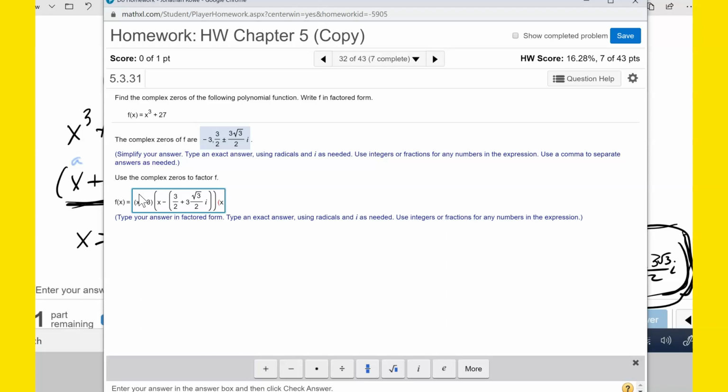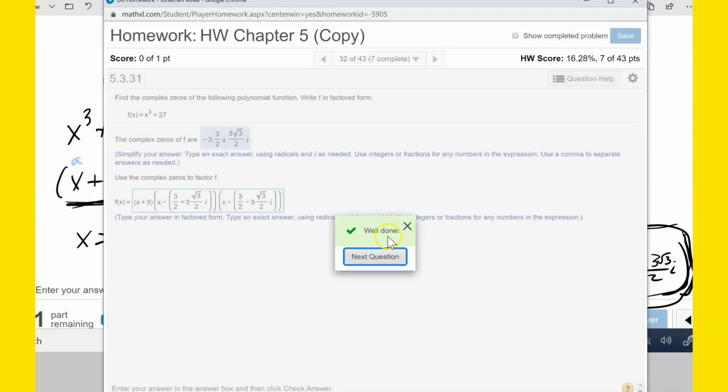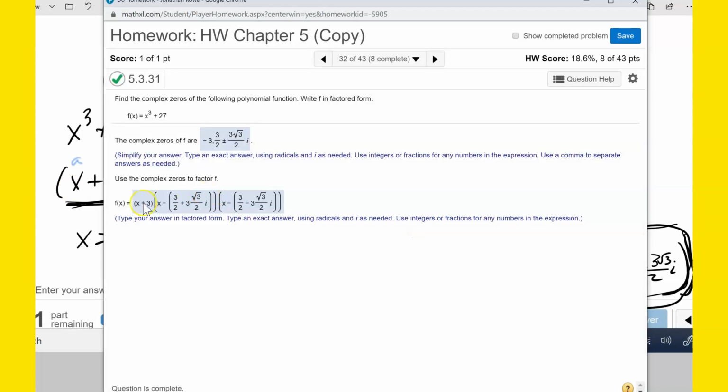And x minus parentheses 3/2 minus 3 root 3 over 2i. And then let's just hope that's right. It is right.